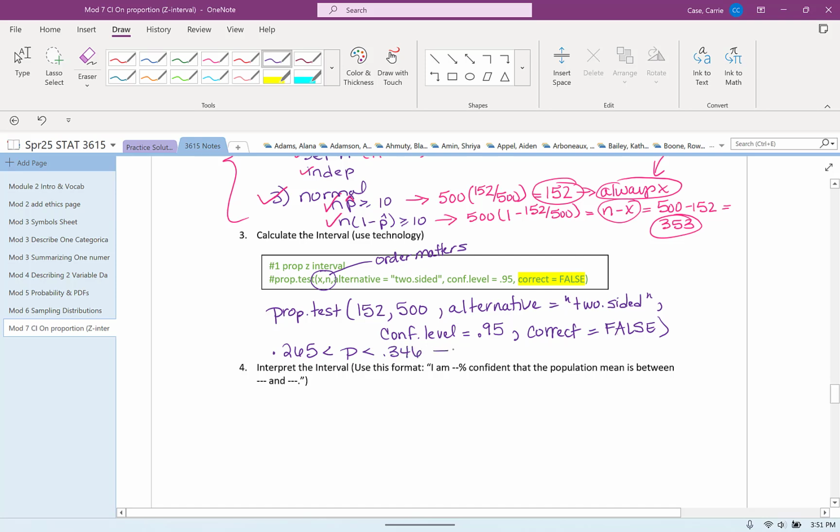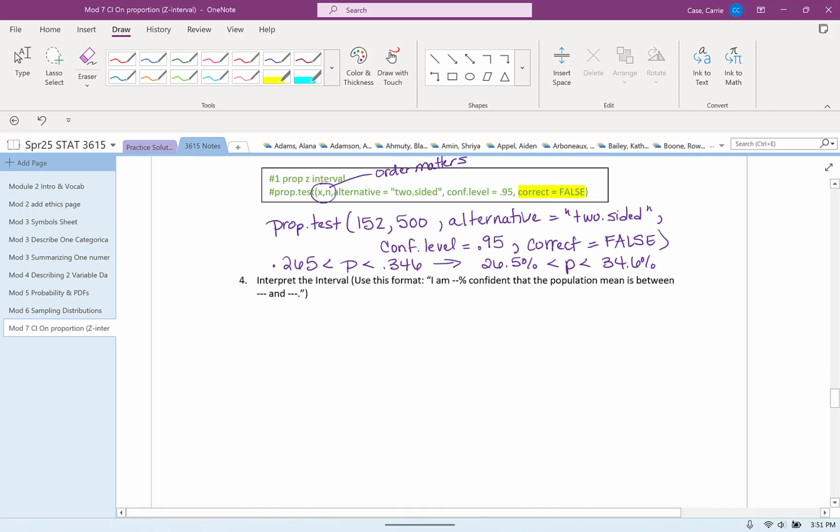And if we want to change this to a percentage, we would have 26.5% is less than our true proportion is less than 34.6%. When you do these problems, it's okay to leave them in decimal or percent form, but we typically put them in percent form. This is our estimate for the true proportion.